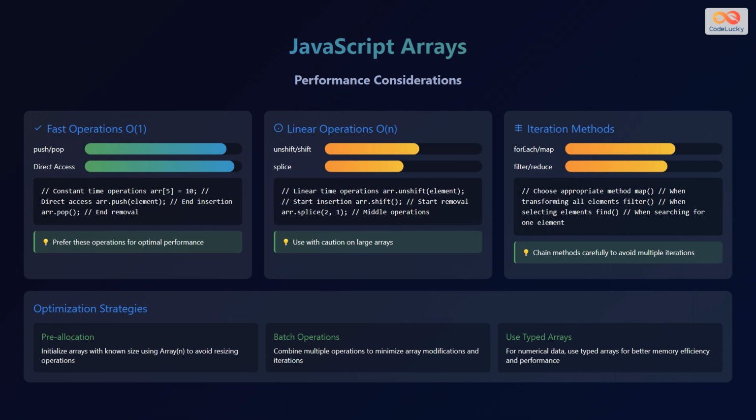Some best practices for array optimization include pre-allocation, batch operations, and using typed arrays for better performance and memory efficiency. When you pre-allocate, you initialize arrays with a known size using the array constructor. Batch operations combine multiple operations to reduce the number of modifications and iterations. Finally, use typed arrays for better performance and memory efficiency for numerical data.